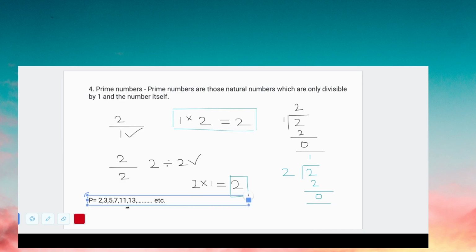Prime numbers are represented as P. So this is how prime numbers work. Some of the prime numbers are 2, 3, 5, 7, 11, etc., because those can be divided only by 1 and by themselves.